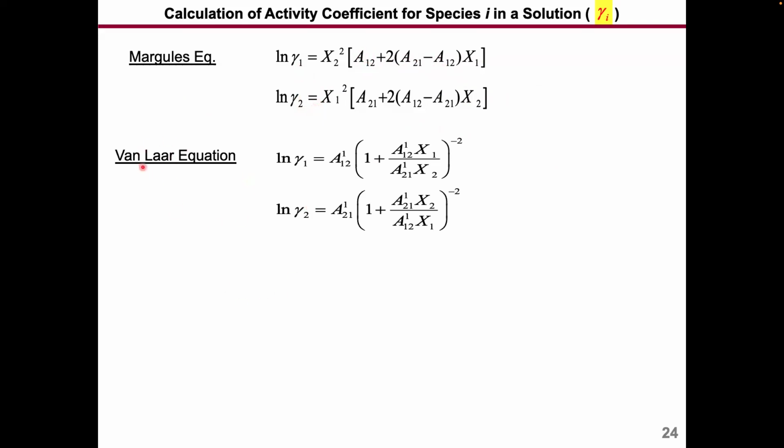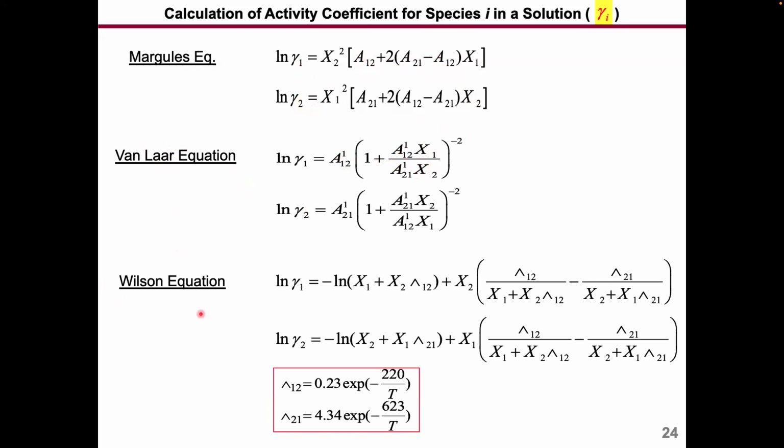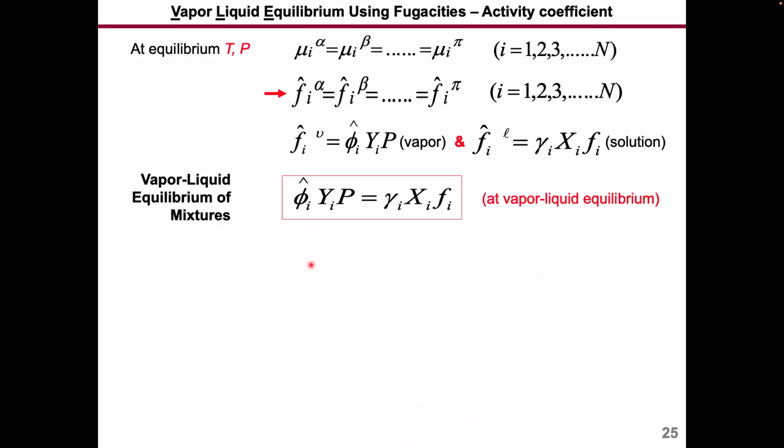You can also use the Van Laar equation. Here, these are all constants again, but these are all mole fractions. And then you can also use the Wilson equation. The Wilson equation is more complicated because you will have some temperature dependence here. So here, Lambda 1,2 or Lambda 2,1 has some temperature dependence on it. But overall, these are all the equations that you can use to calculate gamma 1, gamma 2, if you are talking about a binary mixture, okay?